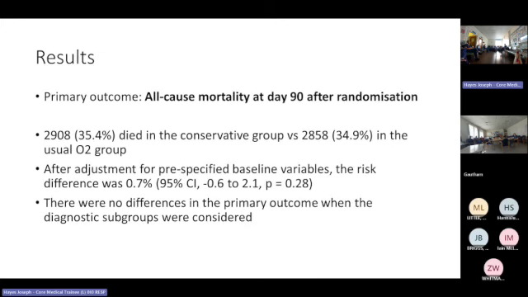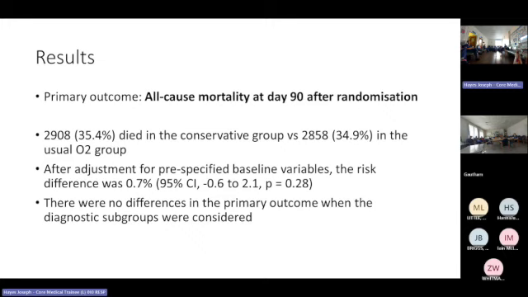The primary outcome was all-cause mortality at day 90 after randomization, and there were no differences between groups. 35.4% died in the conservative group versus 34.9% in the usual oxygen therapy group. After adjustment for pre-specified baseline variables, the risk difference was just 0.7%, with a confidence interval of 0.6 to 2.1%.